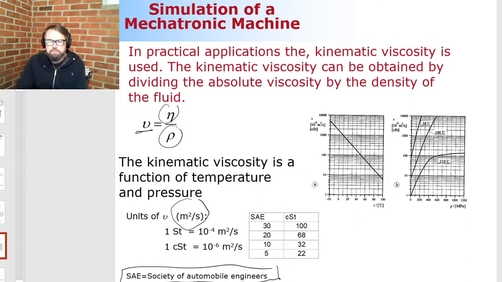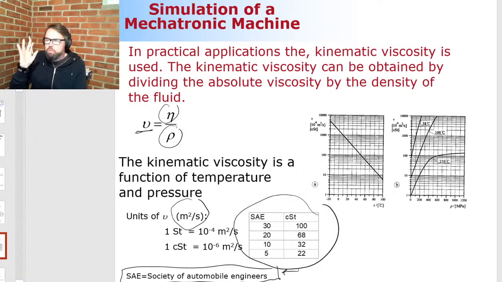This is what you go and purchase the oil with for your car or motorcycle or whatever vehicle you want to use. Usually you want to get the viscosity based on this Society of Automotive Engineers. This is related to these SI units, but it's not that straightforward a relation. This table tells a little bit about how they are connected.